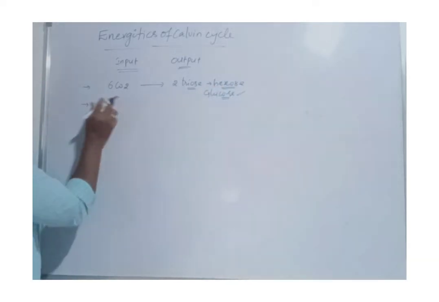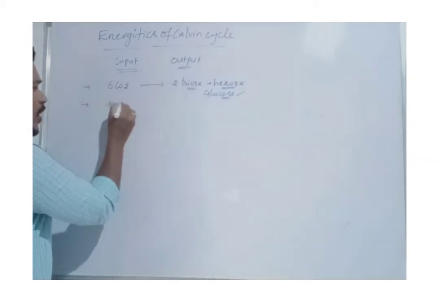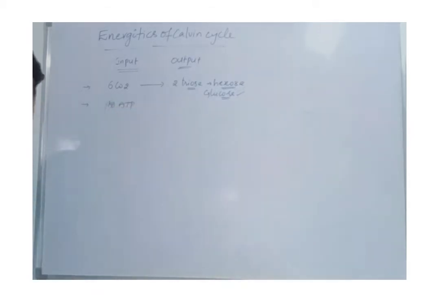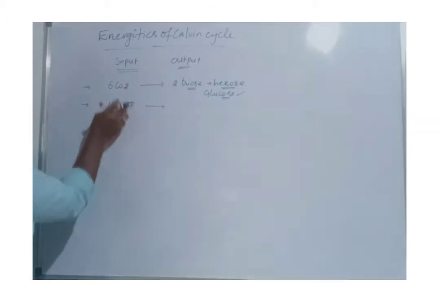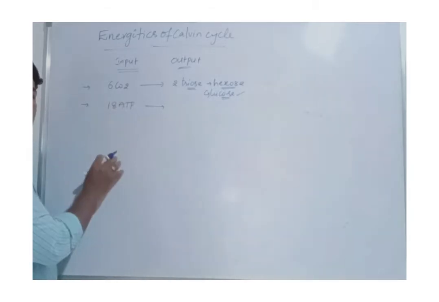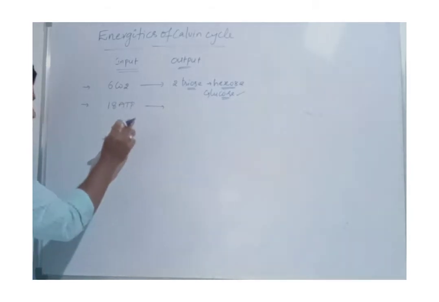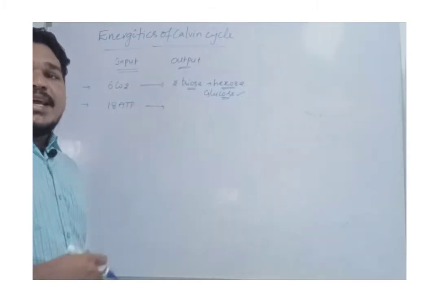How many ATP molecules are required? In total, 18 ATP molecules are required for the synthesis of one glucose molecule in the Calvin cycle. Out of these 18 ATP molecules, 12 are from the reduction phase and 6 from the regeneration phase.